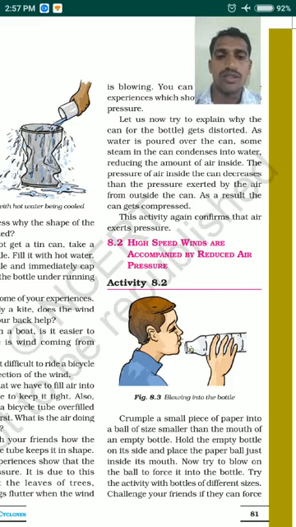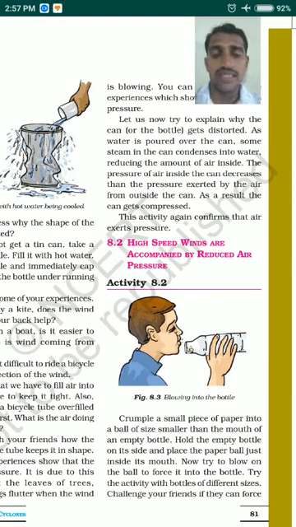This is because the water inside the can was hot. When the cold water is poured over that can or plastic bottle, some steam in the can condenses into water.